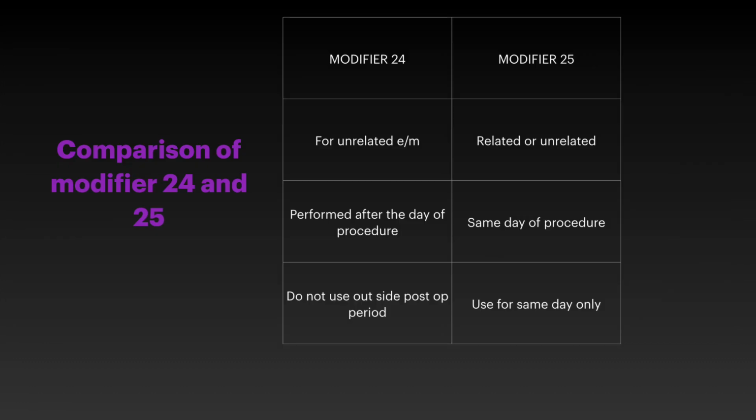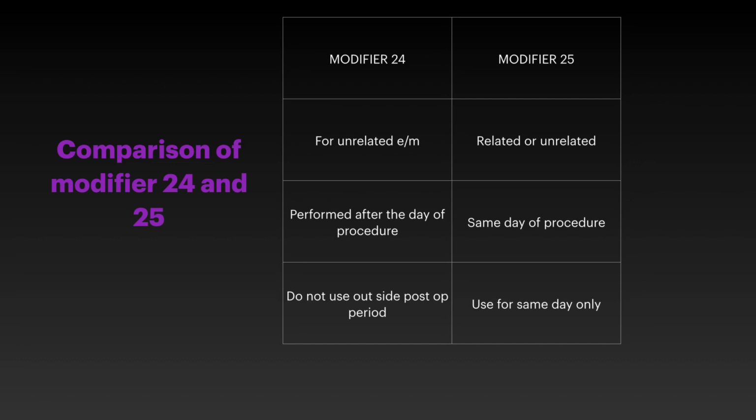Let's compare Modifier 24 and 25. Modifier 24 is for unrelated evaluation and management service, whereas Modifier 25 is for related or unrelated. Related in the sense that a certain procedure may be performed for conditions or signs and symptoms prompted by the original procedure performed.